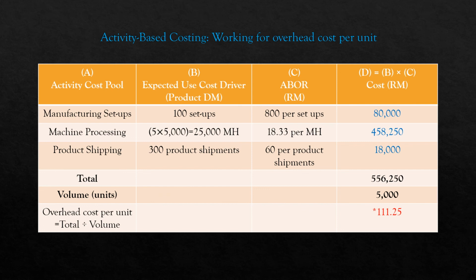So the total of 80,000 plus 458,250 plus 18,000 is equal to RM 556,250.